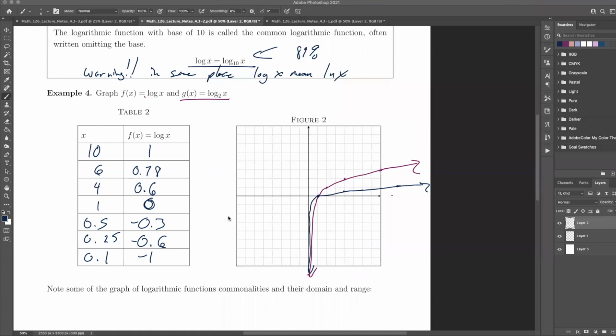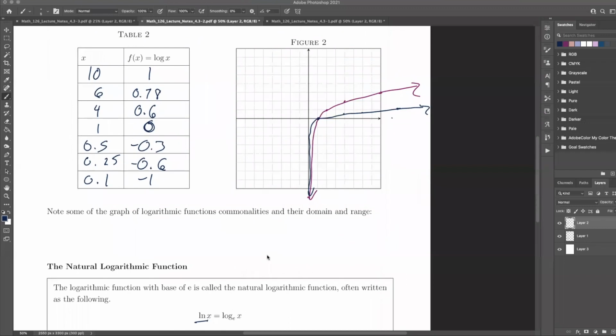All right. So note that some of the graphs have some commonalities in them. We're going to denote some things that are common amongst all of these graphs that we've been staring at. One, they all have the point (1, 0). Every log has the point (1, 0). Okay. The domain here is from 0 to infinity.